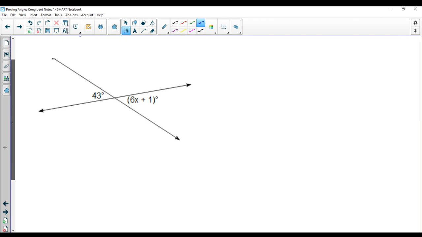Anyway, so we look at our picture. We have vertical angles because they are directly across from each other. So this 43 is the same measure as 6x plus 1. They're the exact same, so we can set them equal to each other. And it's a simple two-step equation.